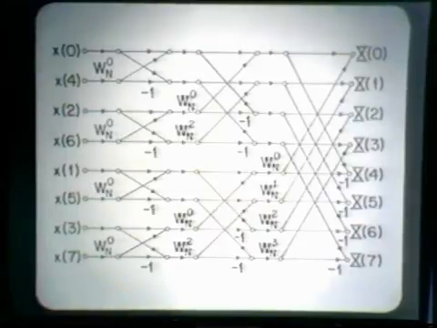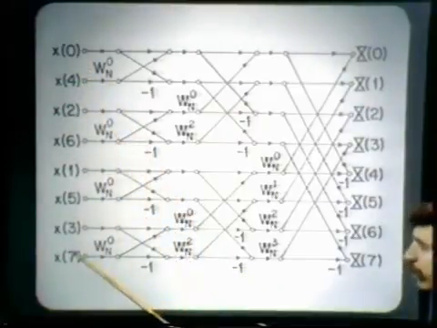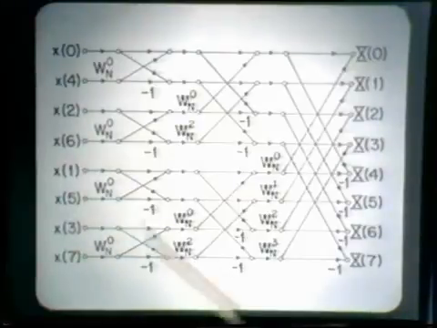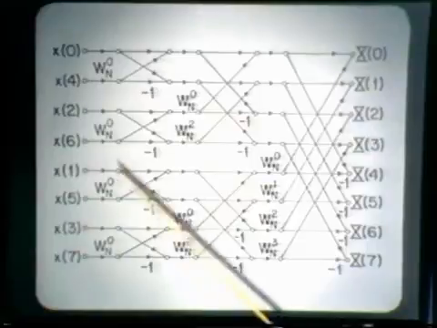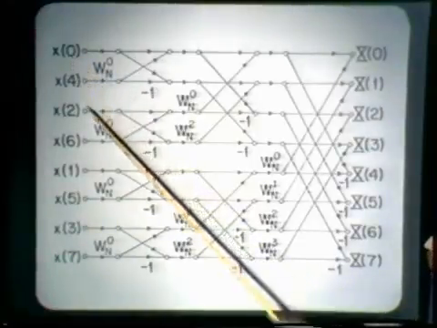In fact, as we'll see as we continue this discussion in the next lecture, this is a bit reversed order. It corresponds to rearranging the order of the bits in the binary representation of the indices.